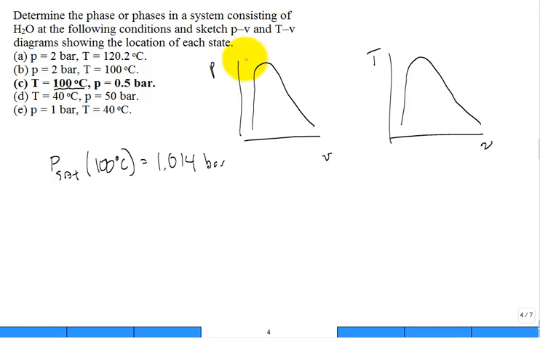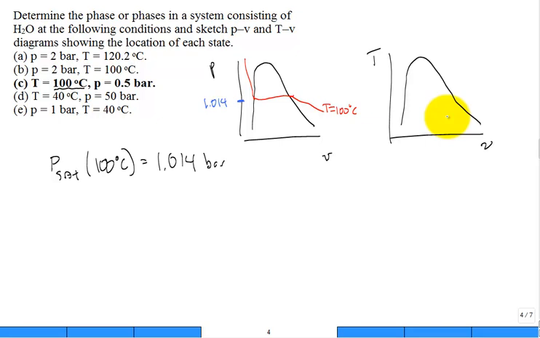So this one comes down, it's across. This is a line of 100 degrees C, constant temperature. Where does it go into the dome and stay in the dome and go flat, horizontal, at a pressure of 1.014 bar.